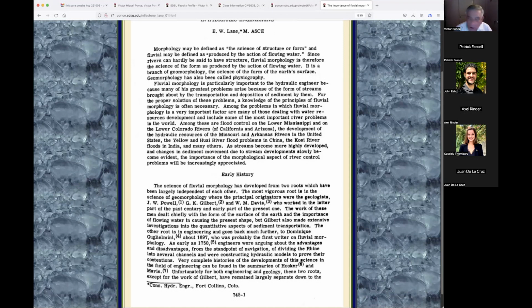The geomorphologists are usually qualitative, while the hydraulic engineers are quantitative. This does not justify a preference for hydraulic engineers, by the way, but I am a hydraulic engineer, so I'm biased a little bit towards quantification rather than qualification. But I do believe, and I wasn't born yesterday, that both approaches have their rationale and their use.